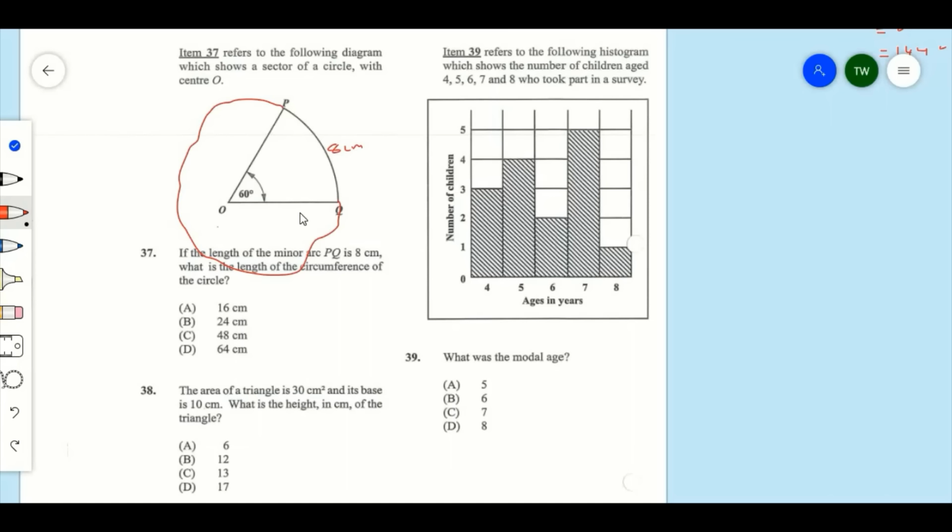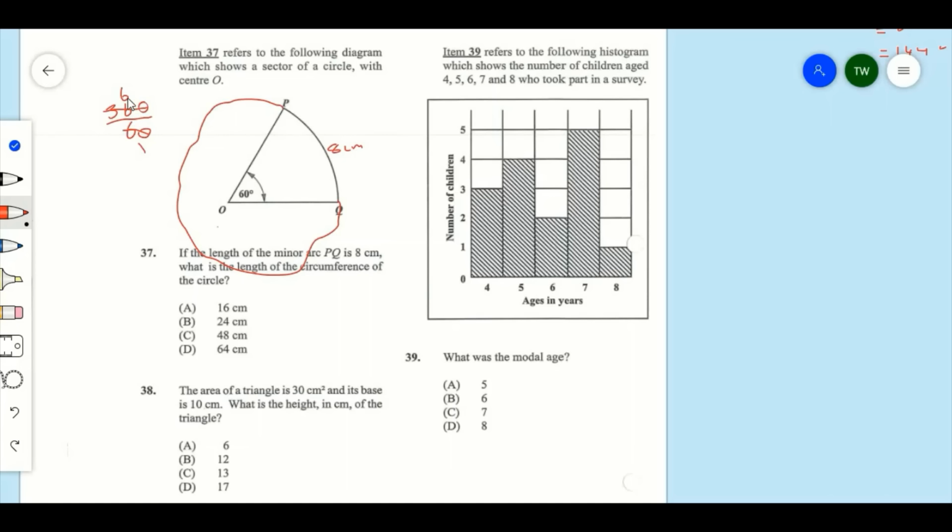Now the entire circle would have a total of 360 degrees. So this 60 degrees is a fraction of it. So what we are going to do is to see how many groups of 60 degrees we can get out of 360. So we're going to have 360 divided by 60. And 60 into 60, that's 1. And 60 into 360, that's going to be 6.